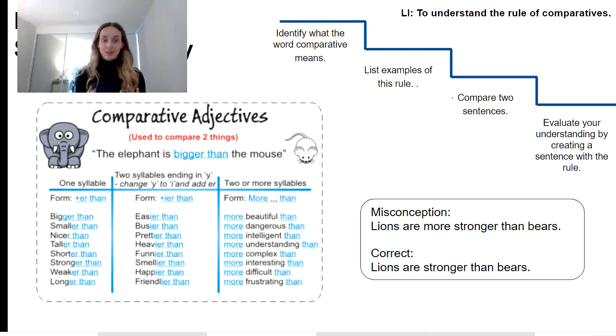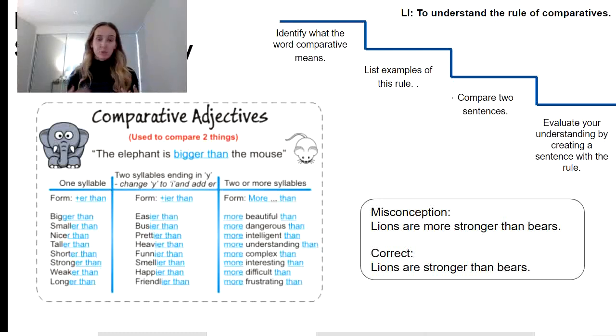Dangerous, we don't say dangerous-er, we say more dangerous. We don't say intelligenter, we say more intelligent. So this is the only time you would actually use the word more in front of an adjective instead of adding er to the end of the adjective. Okay, awesome. So see how you guys go with this.